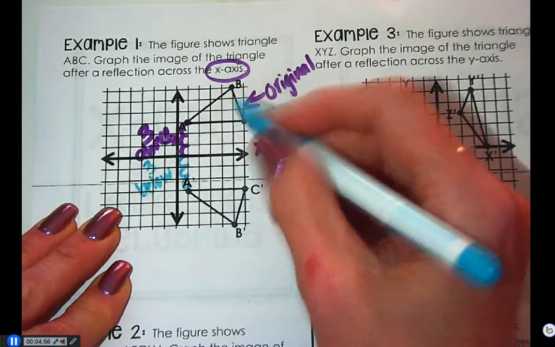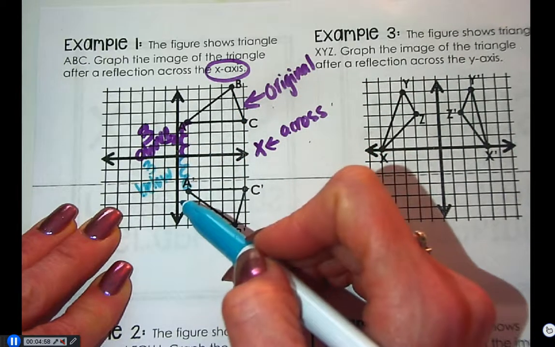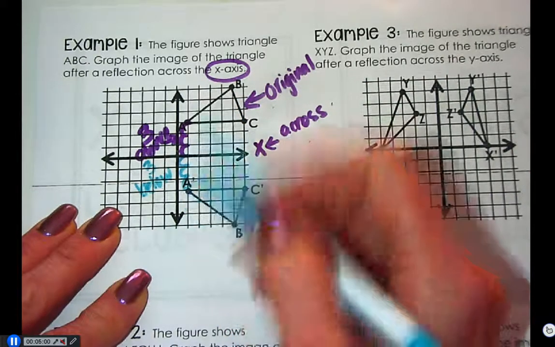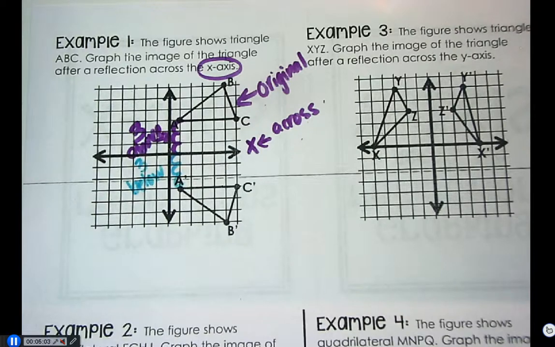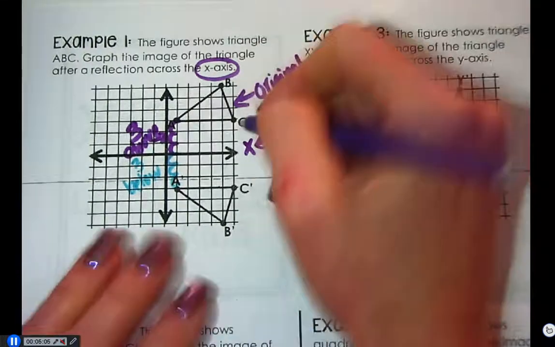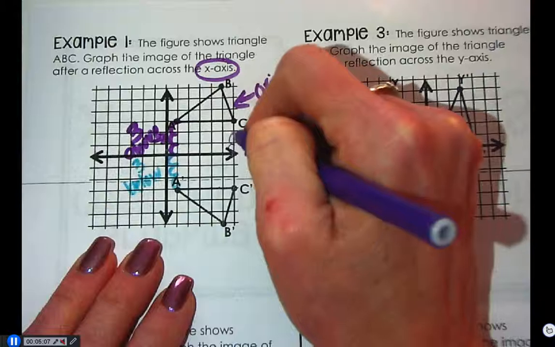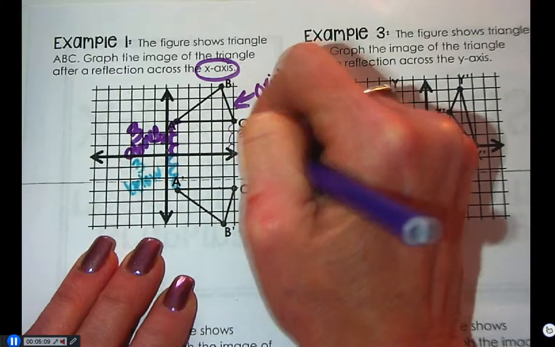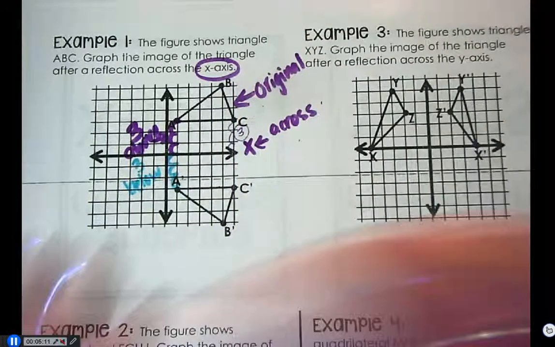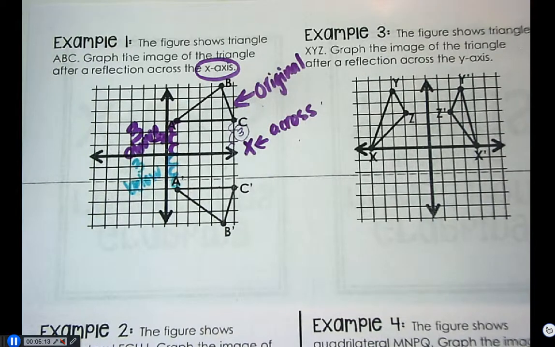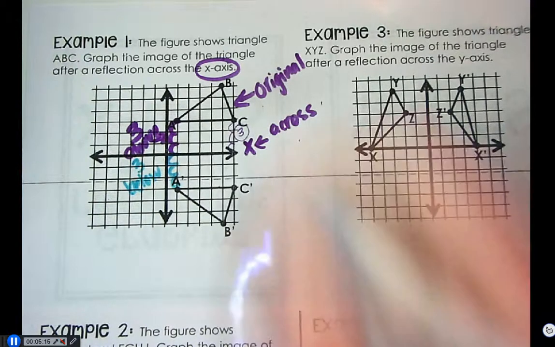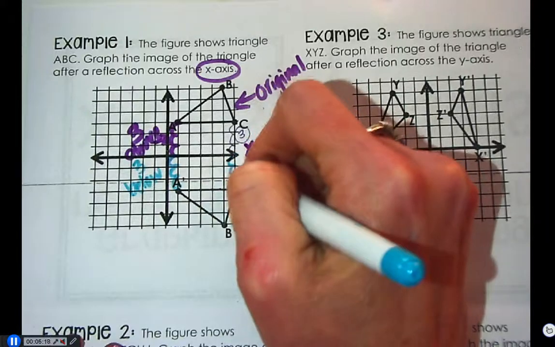So that's how we would know to place the A here. Okay, same thing with the C. If you look here, the original C is 1, 2, 3 above. Okay, so if the original C is 3 above, my new C is going to be what? 3 below.